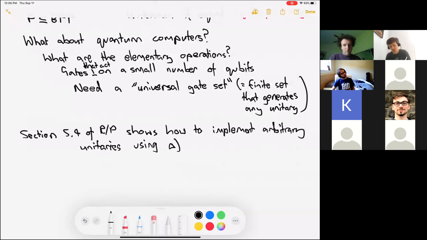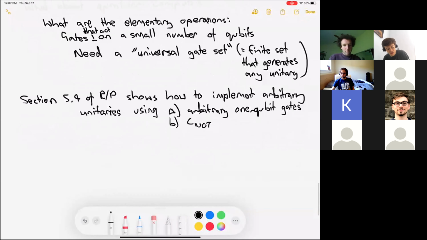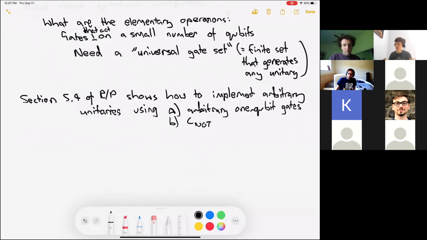Firstly, using arbitrary 1-qubit gates. So any 1-qubit unitary. And secondly, using the CNOT gate. Okay, I'm not going to talk in detail about how this is done because I think it's mostly unenlightening.